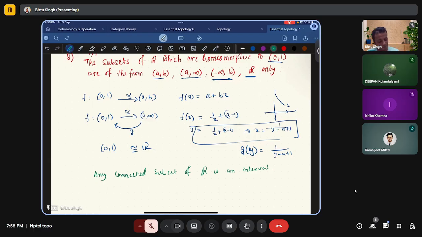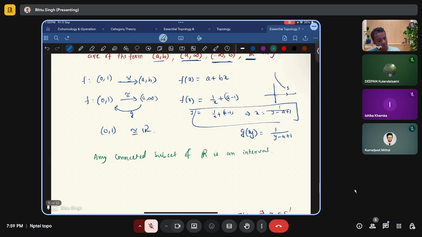Interval means there are lots of choices. It will be of this form (a, b), or one side closed, and moreover a, b are allowed to take the value plus minus infinity. Those are the shapes of any kind of interval.